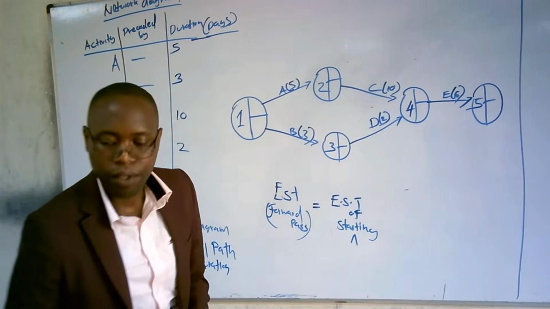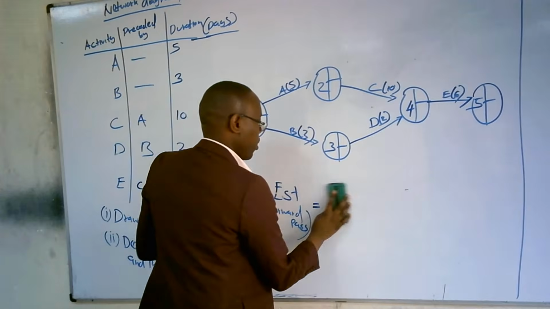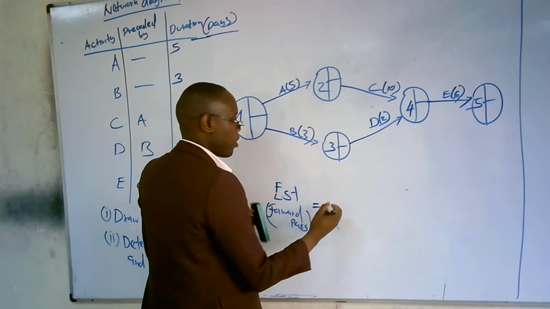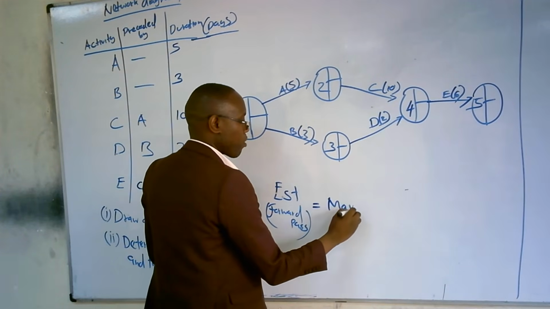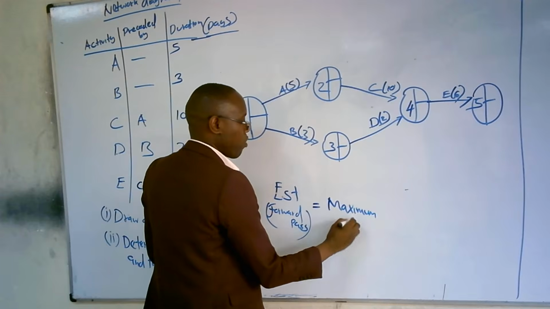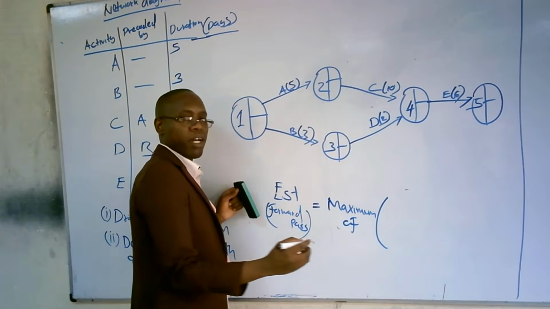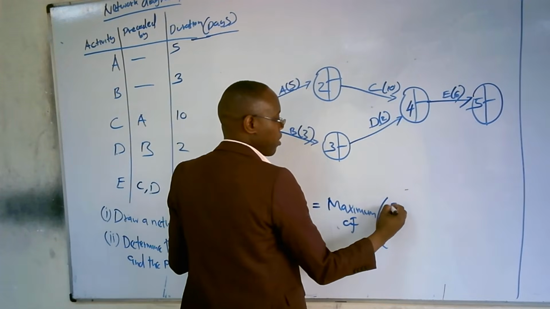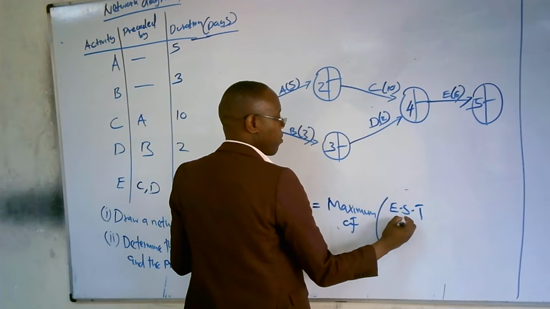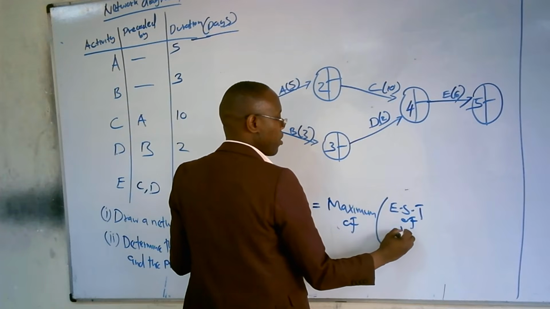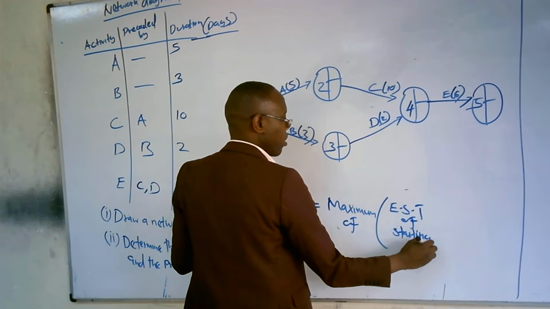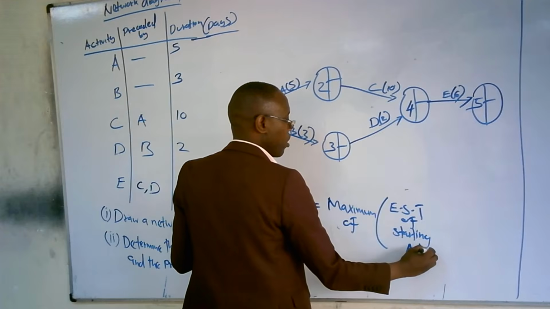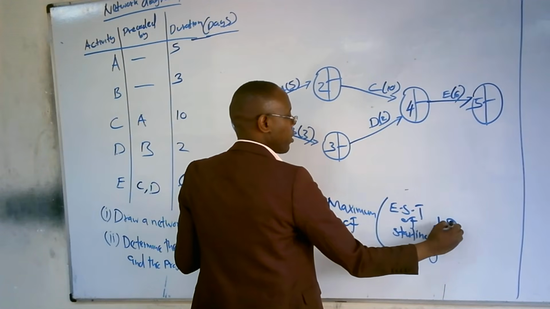I should start with the maximum of, in brackets, the earliest start time of the starting activity plus the duration.